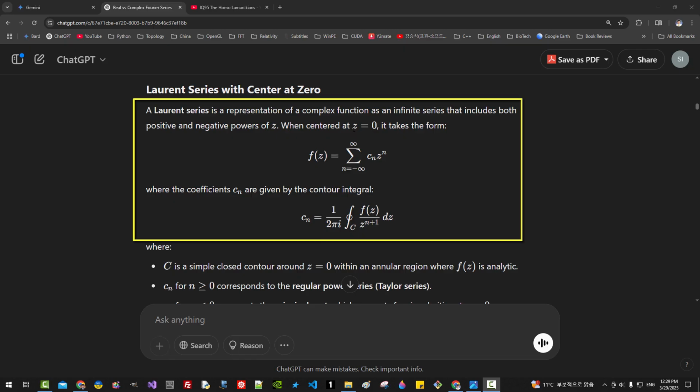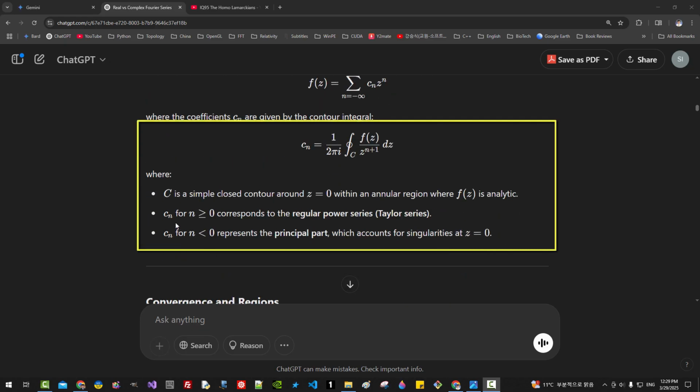When centered at z = 0, it takes this form, where the coefficients c_n are given by the contour integral, where C is a simple closed contour around z = 0 within an annular region where f(z) is analytic. c_n for n greater than or equal to 0 corresponds to the regular power series or Taylor series. c_n for n less than 0 represents the principal part, which accounts for singularities at z = 0.